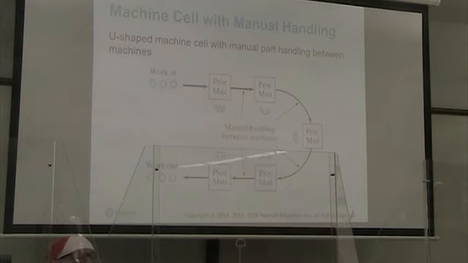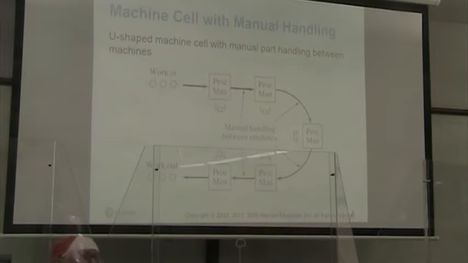All right, so here they illustrate a machine cell with manual handling. And we have work in, which is, there's a process that's manual here, a process that's manual here, a process that's manual here, process manual, and work out.